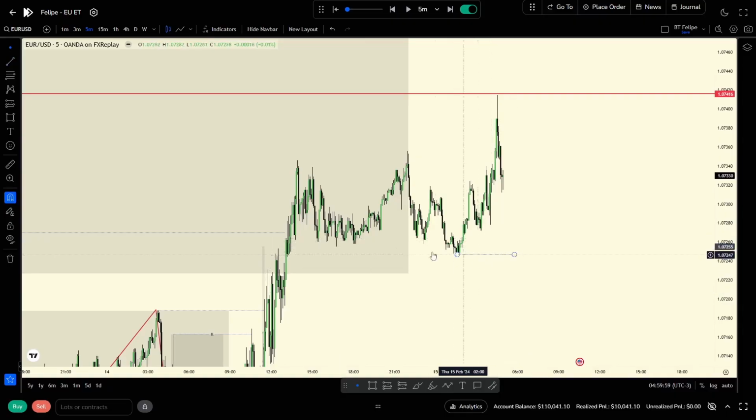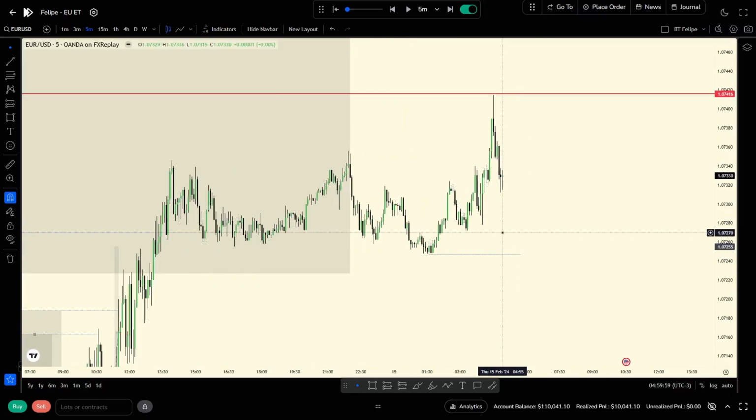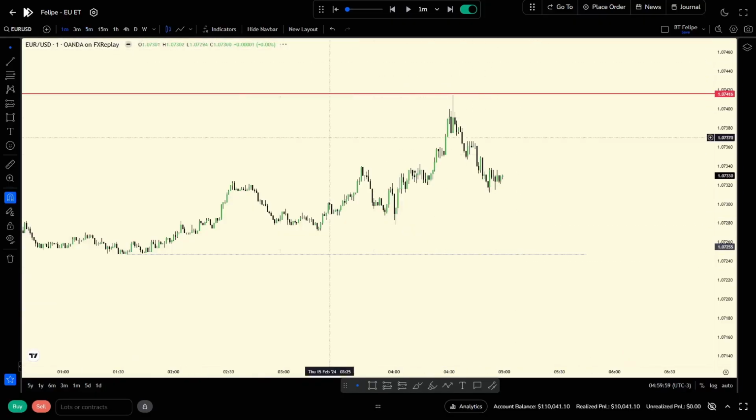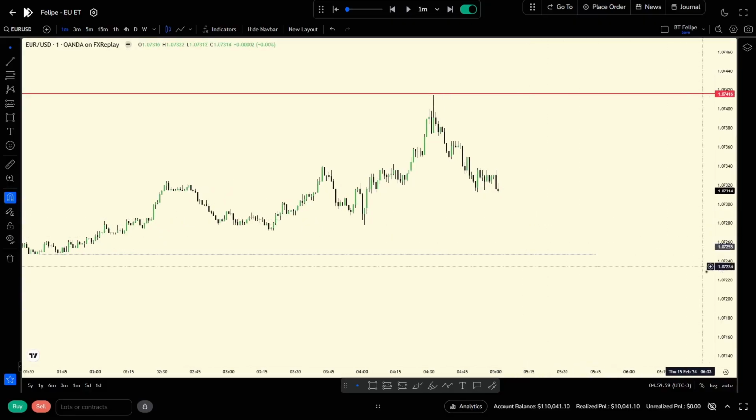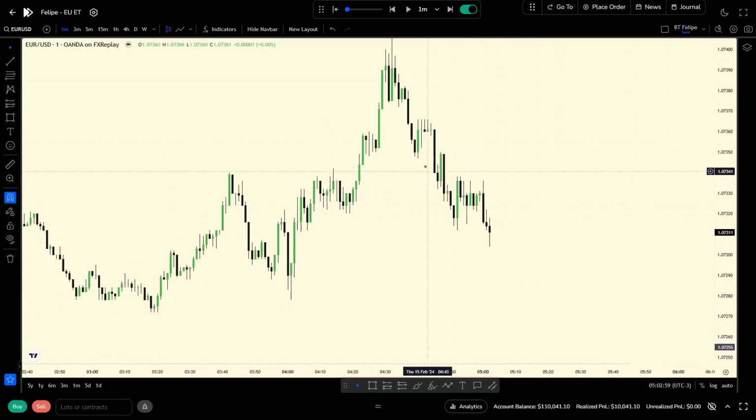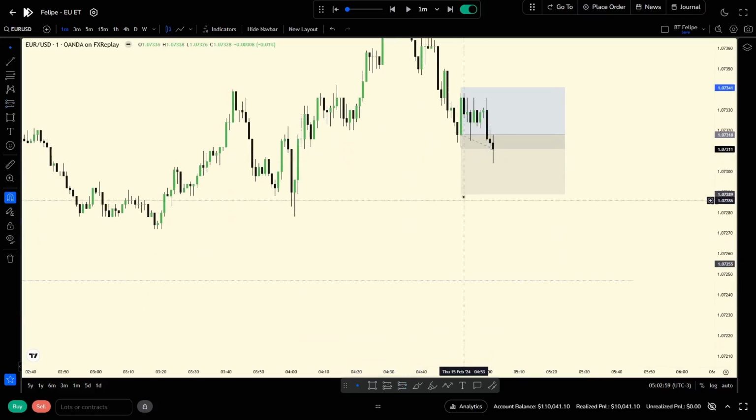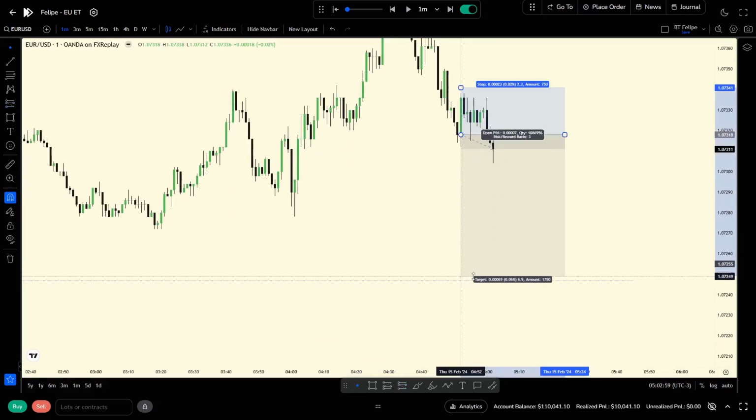Longs after this liquidity would be nice because this is the 1, 2, 3 strong low. Just tapped here. Maybe this can give a reaction to take this low. There was a setup just here.